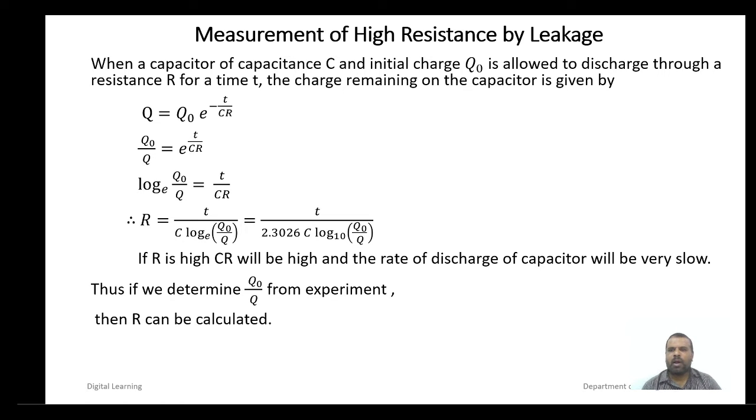If R is high, CR will be high, and the rate of discharge of the capacitor will be very slow. Thus, if we determine Q0 by Q from experiment, then R can be calculated.